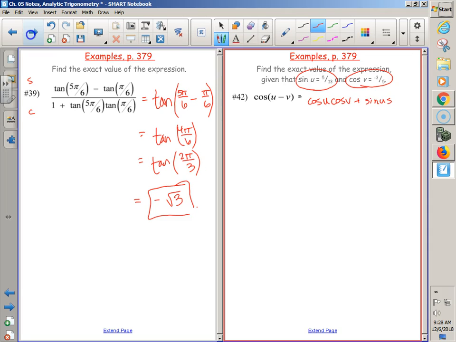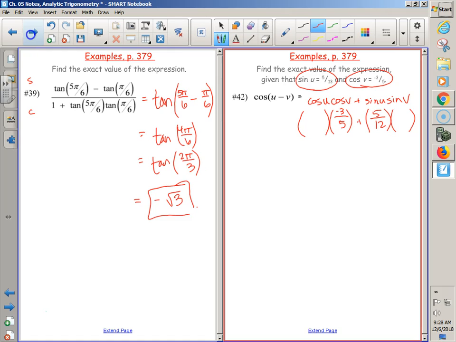Sine u, sine v. But all they gave me is sine of u and cosine of v. Now, guys, can I say sine of u is cosine of u? Can I say cosine of v is sine of v?